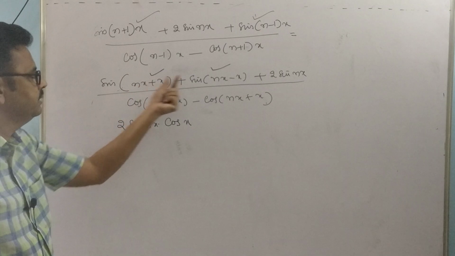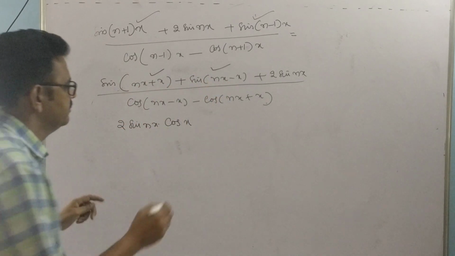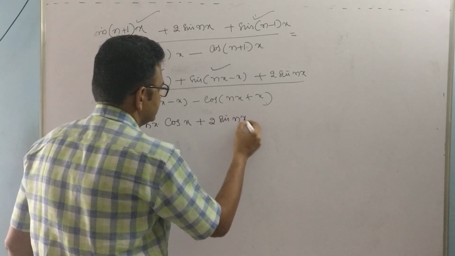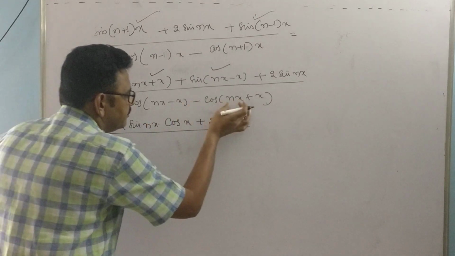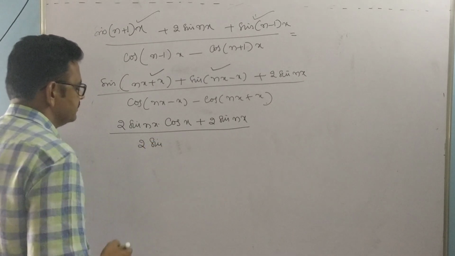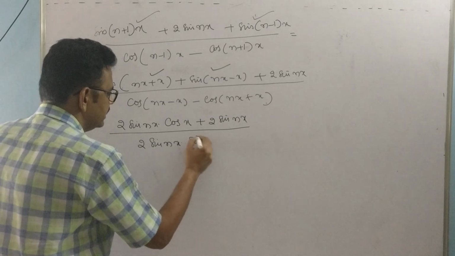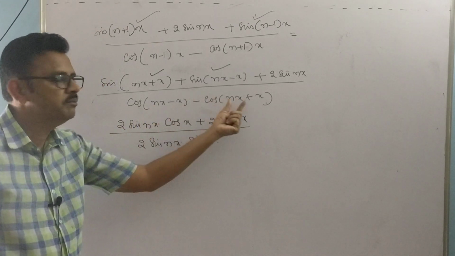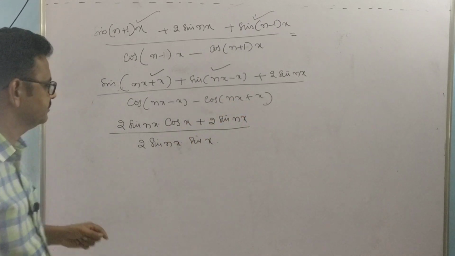So this is 2 sine nx, by cos of a minus b minus cos of a plus b, which is 2 sine a sine b.